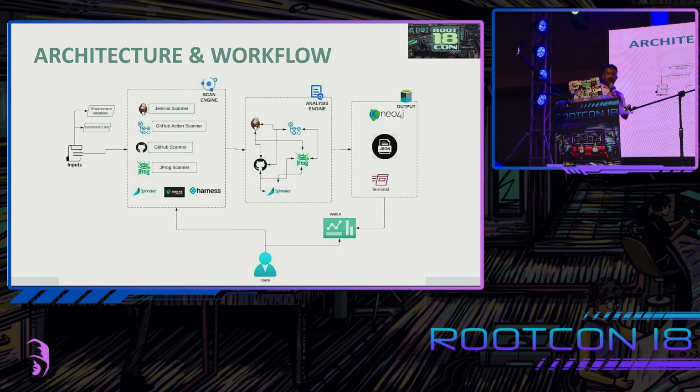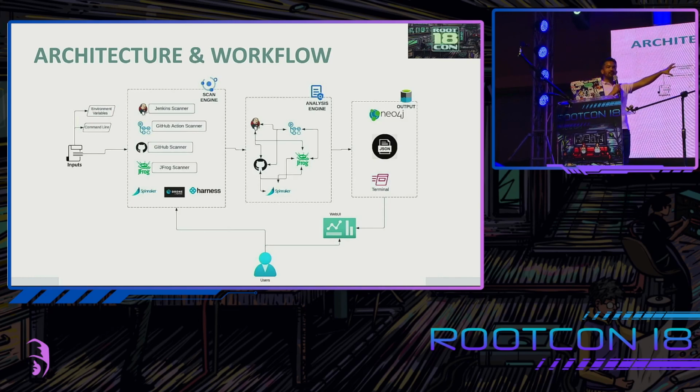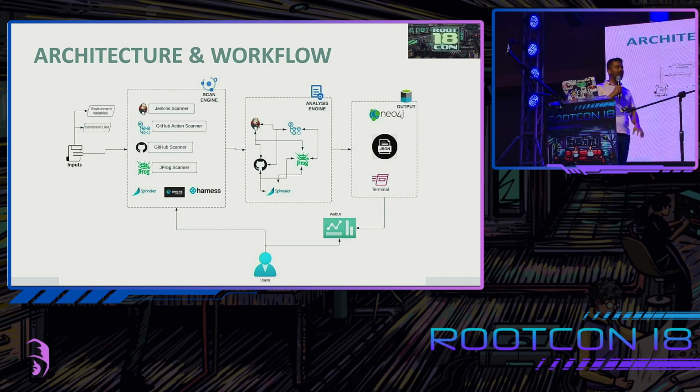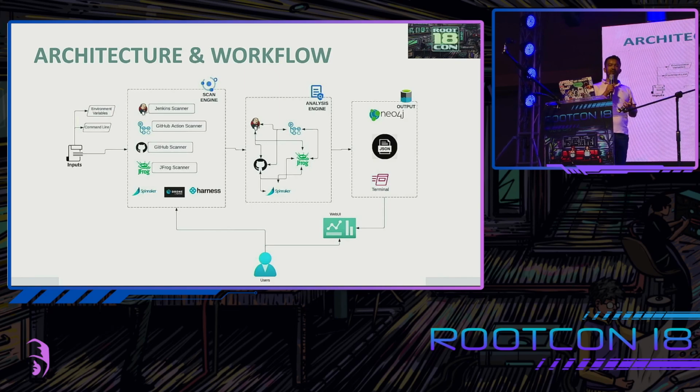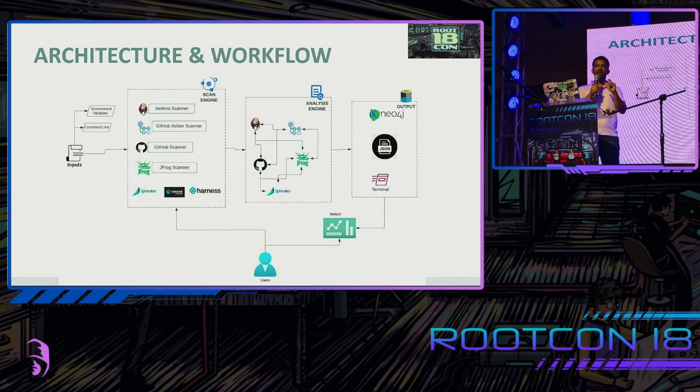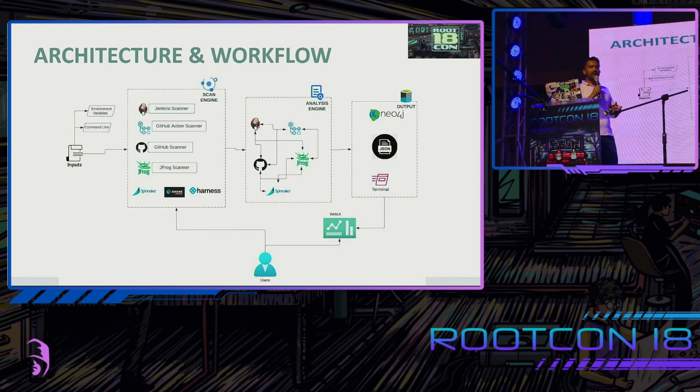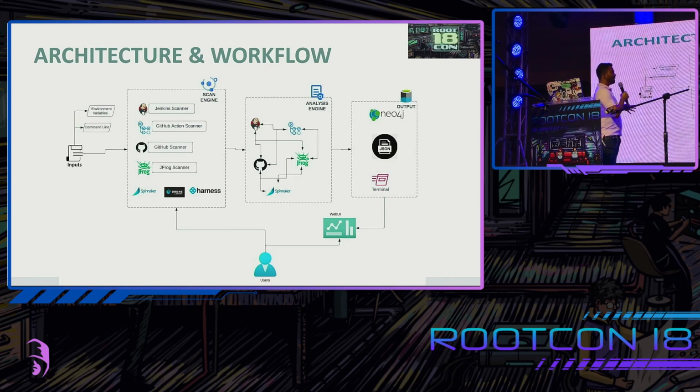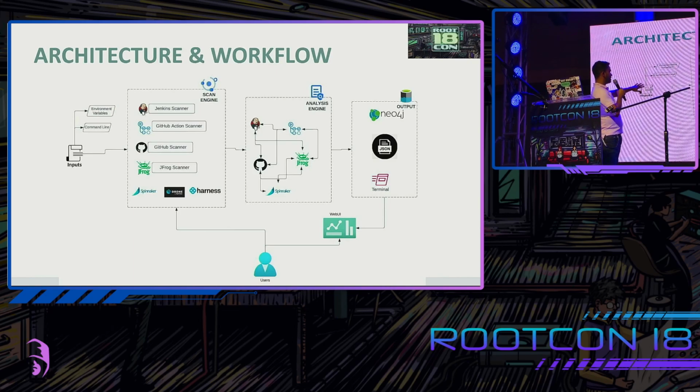So this is the architecture and workflow of CI/CD Guard. There are three main blocks of the platform. The first block is the scan engine itself, which is a collection of individual Python scripts specific to the target technology. What I mean by that is, as of today, CI/CD Guard supports four technologies: Jenkins, GitHub Actions, GitHub, and JFrog.